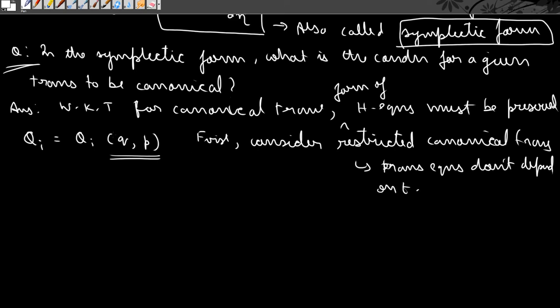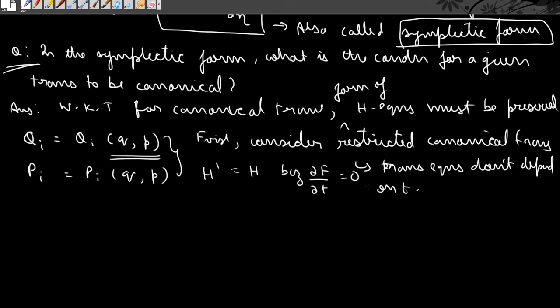So let us consider a restricted canonical transformation which gives us new variables which are functions of the old variables q and p. For such a transformation, from our previous lectures, this is going to need a generating function, and for this to be a restricted canonical transformation, the generating function will also not depend on time, which means our H dash will be equal to H, because the partial derivative of the generating function with respect to time will be equal to 0.